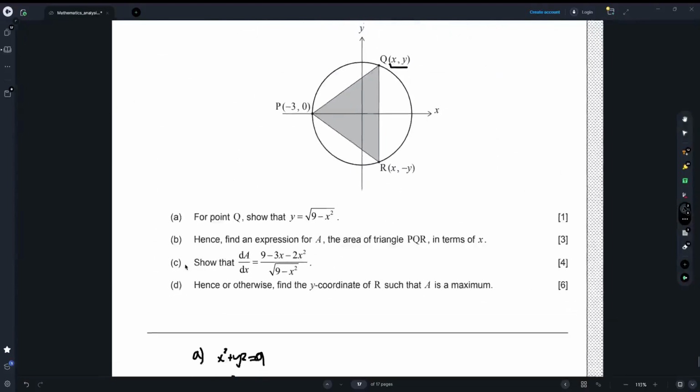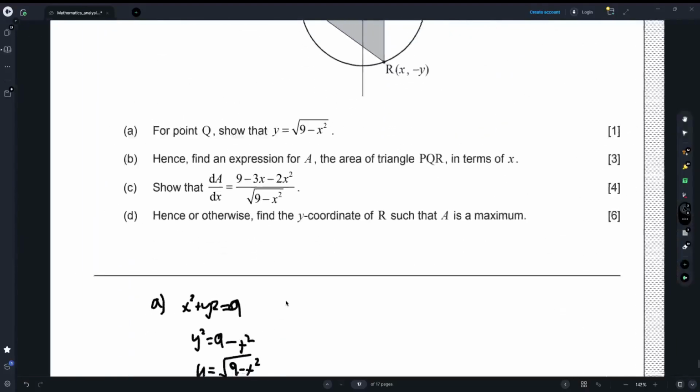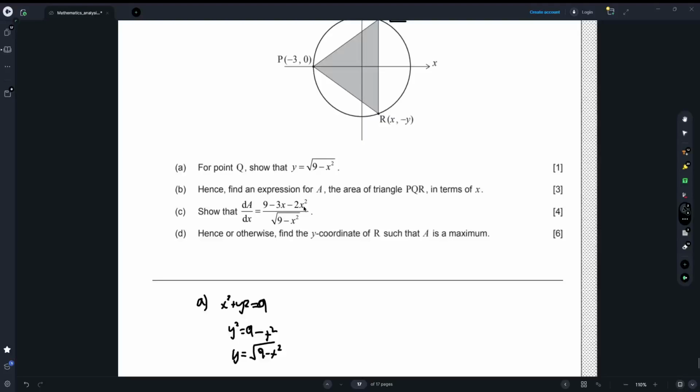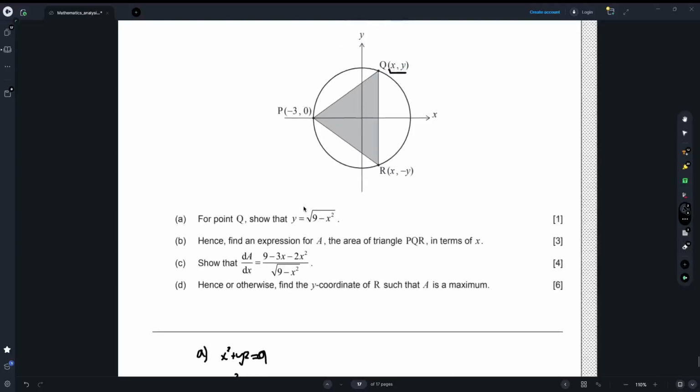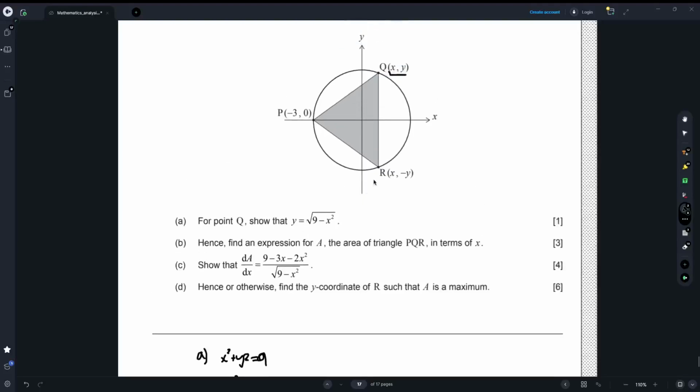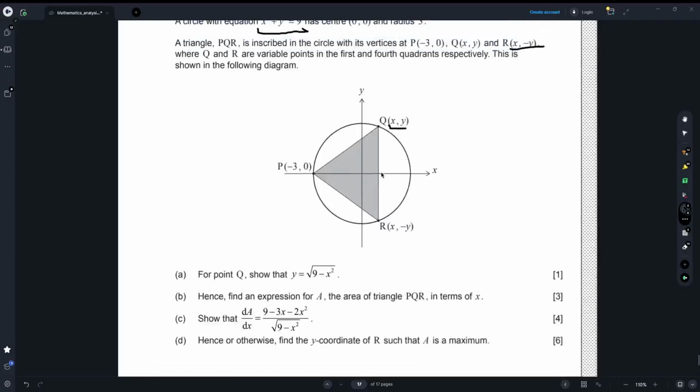Alright, that's very simple. So find an expression for A, the area of triangle PQR in terms of x. This is actually an isosceles triangle, but we actually have the base and height, so it won't really matter.